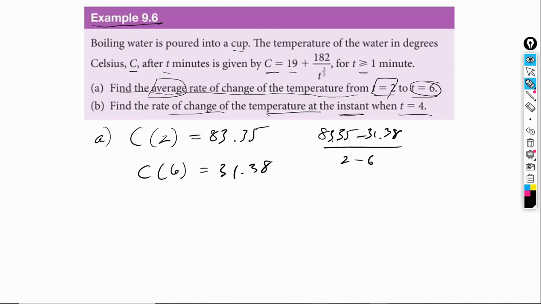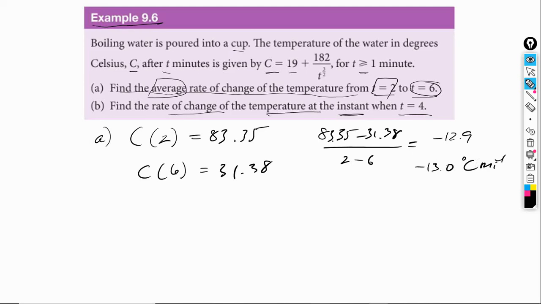So we have to do it in the same order. Always remember that's very important. So this is going to give us negative 12.9, which we can round to negative 13.0. And because it's a rate, degrees Celsius per minute.